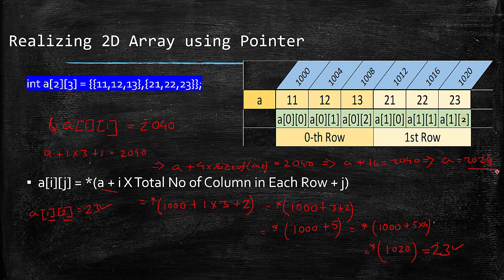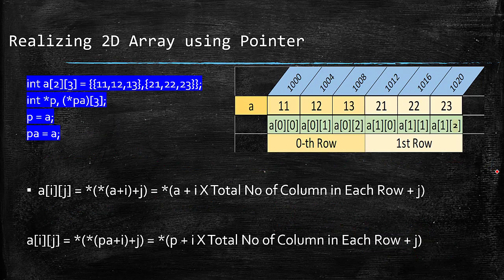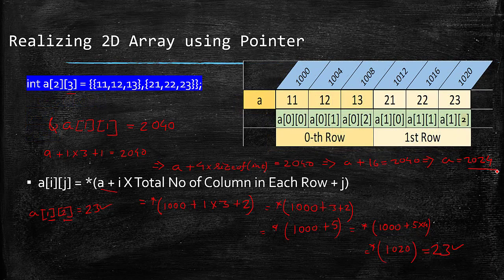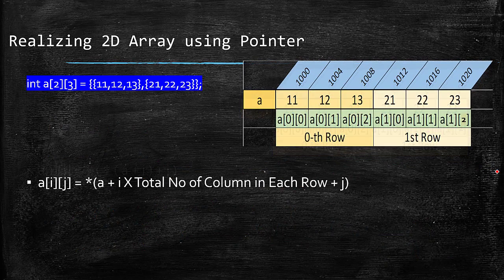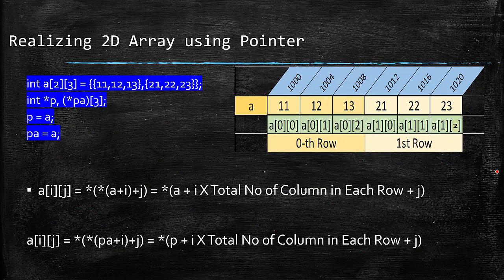In this way, by knowing the address of a particular cell of a two-dimensional array, we can calculate the base address of the array. Now, as we have proved that these expressions are equivalent, we are going to represent a two-dimensional array with the help of a pointer. Here you can see that the A array has 2 rows and 3 columns, so each row is basically a one-dimensional array of 3 elements.